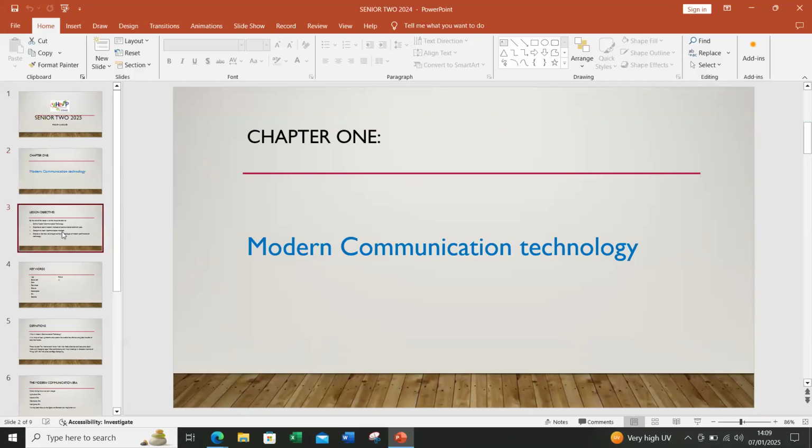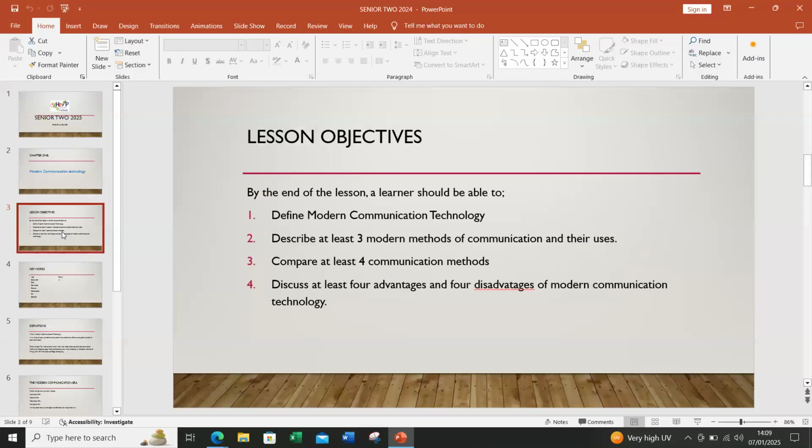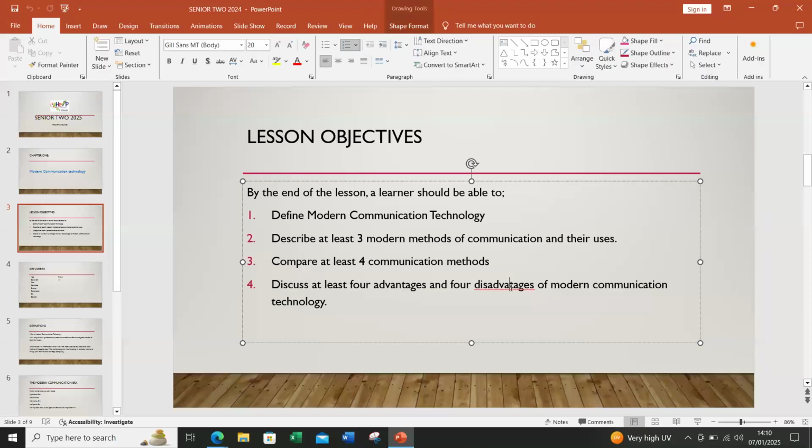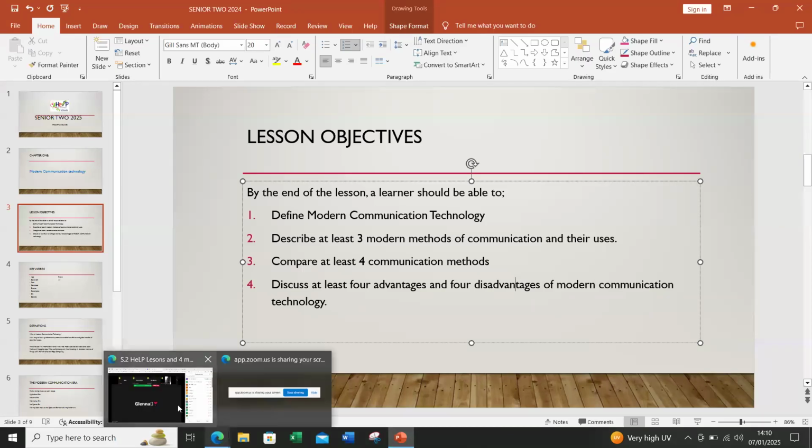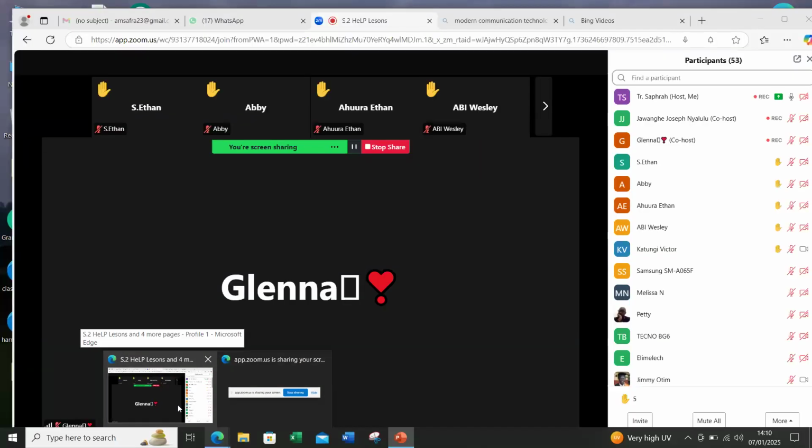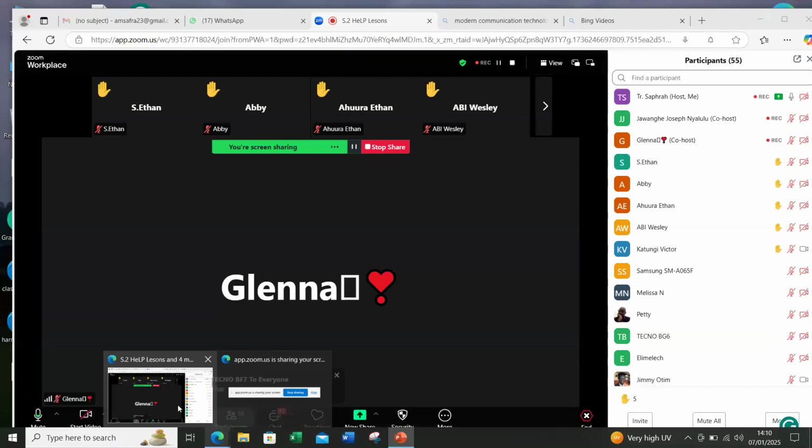So here are our lesson objectives. Can someone read for us? Where did I write this? Yes, Glenna, there are very many people that are willing to read. Just pick one, ask them to unmute, and they are going to be able to read for us.